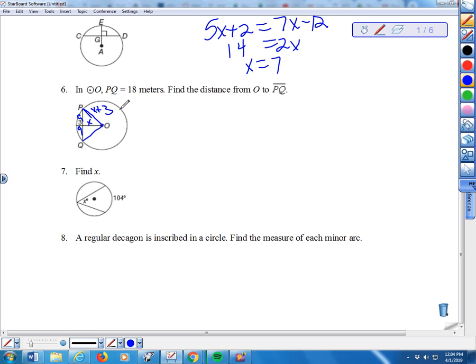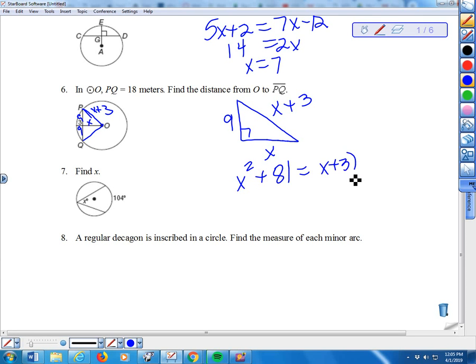Remember when you... So I'm going to just write this triangle, see if my pen will work now. I have this triangle. So x squared plus 81 equals x plus 3 squared.